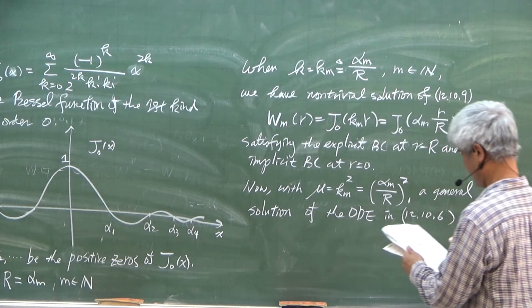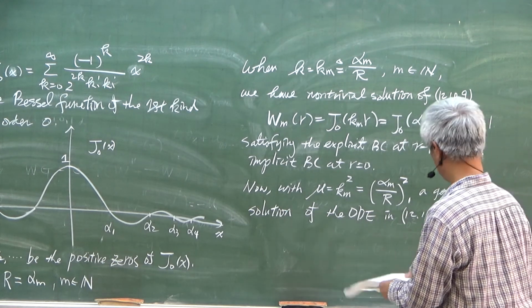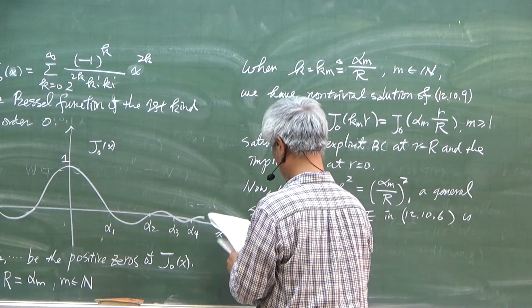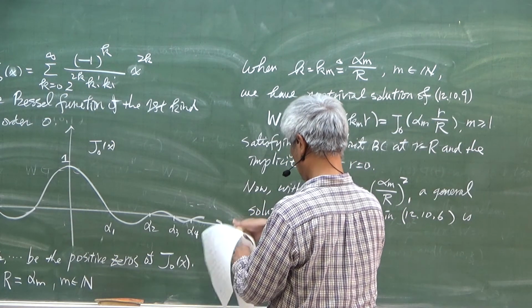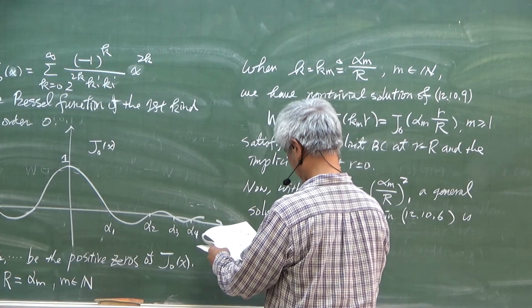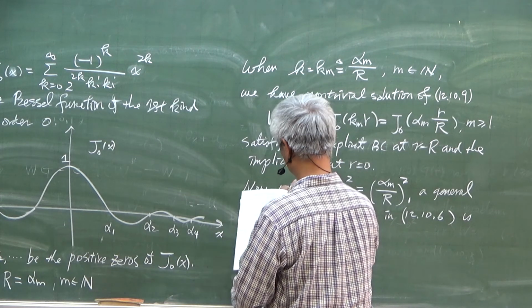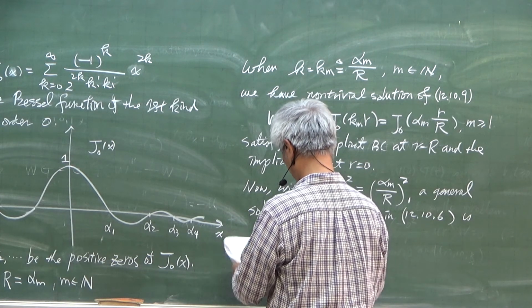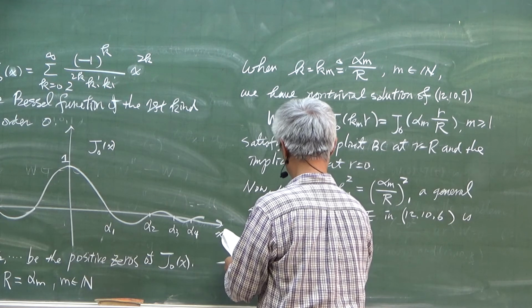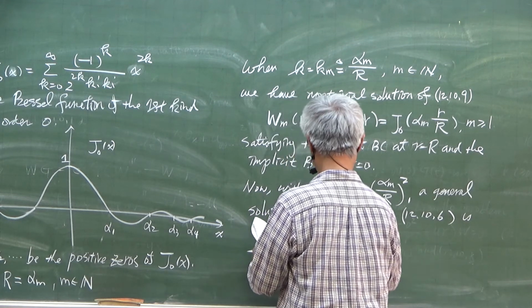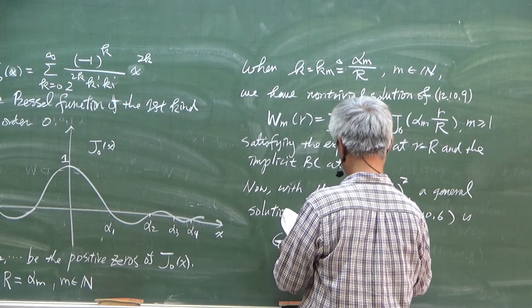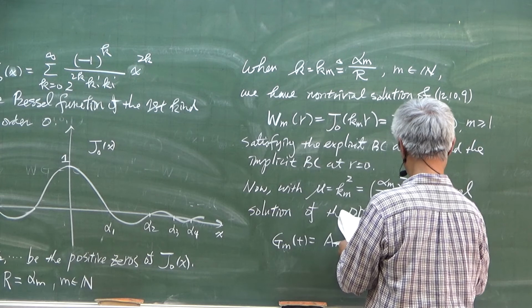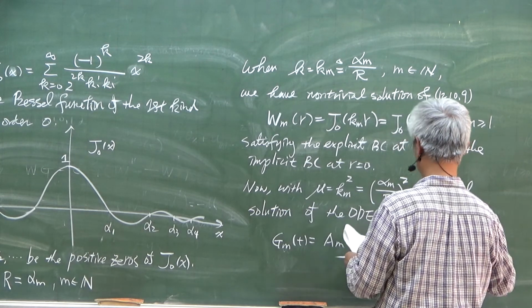Okay. G_m(t) equal to A_m cosine lambda_m t plus B_m sine lambda_m t.